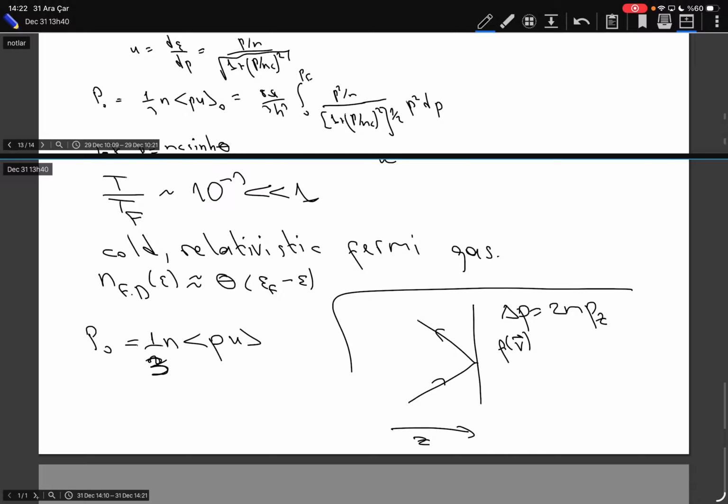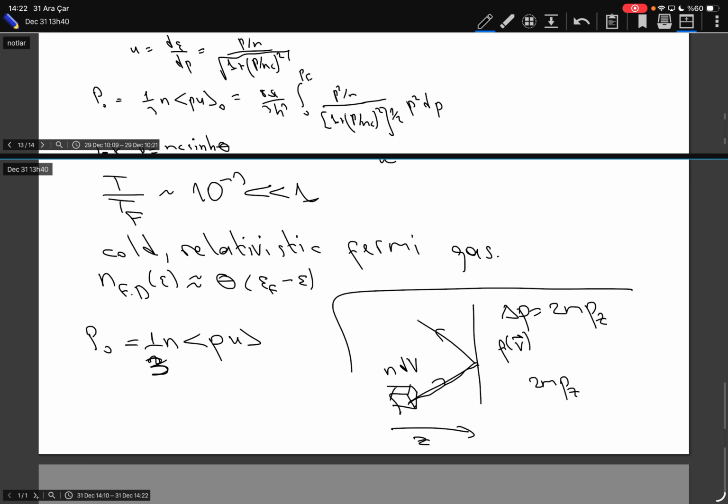And then we said this much momentum is transferred by particles. Let's say here, if I assume a cube, I have n times dv particles within this cube. Some of them will move towards my wall, some fraction.